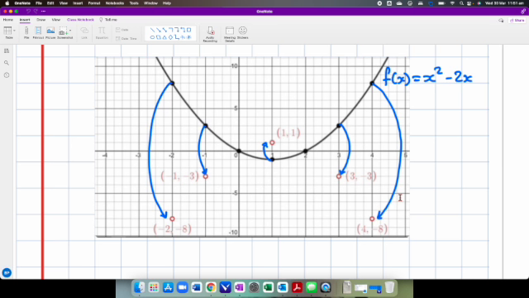Because it's on the axis, so we didn't change. Minus 1 became 1. It flipped over the axis. 2 didn't change because it's on the axis. Over here, this positive 3 became negative, and that became that. So you can see when we did negative, what we ended up getting was the parabola flipped.